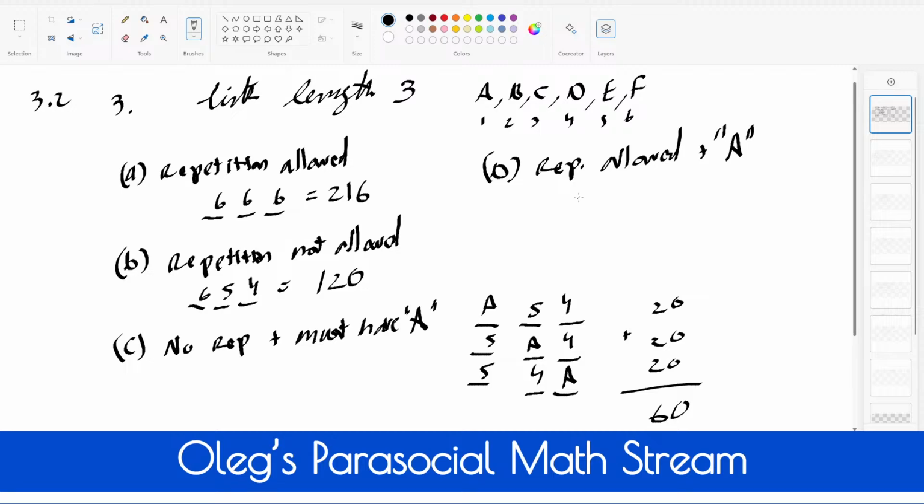Well, it's the same thing. The difference now is we can have multiple A's as well. So we're going to say 6. And repetition is allowed, so we have our full range. The only difference is we're locking out one of them. And we're going to say 6 and 6, and 6 and 6, 6 and 6. I think that's how this should go. Let me see here.